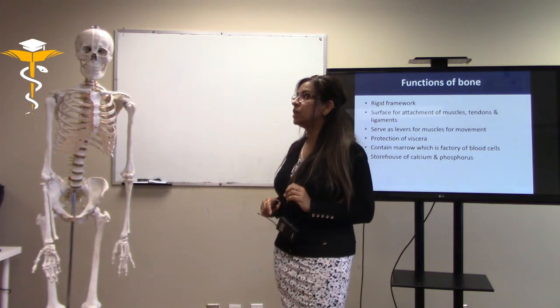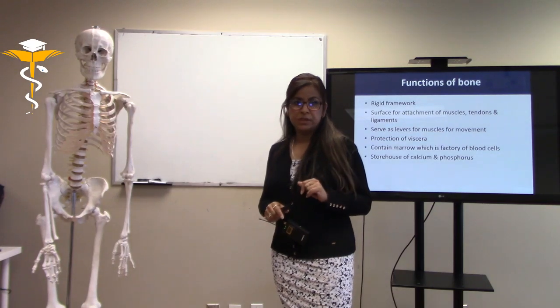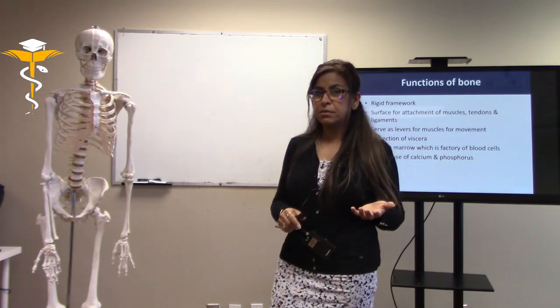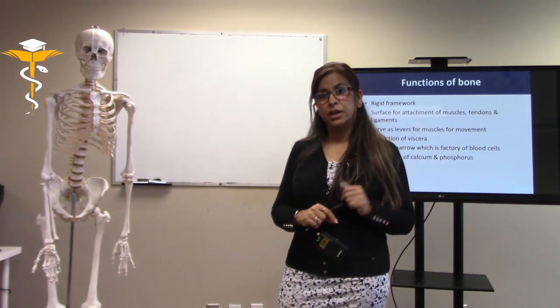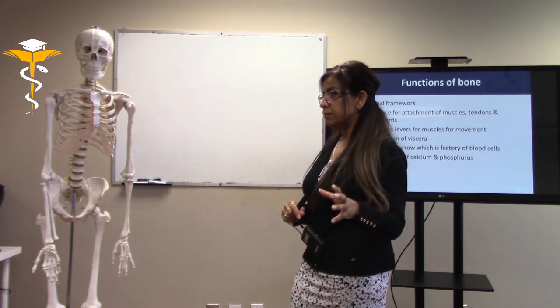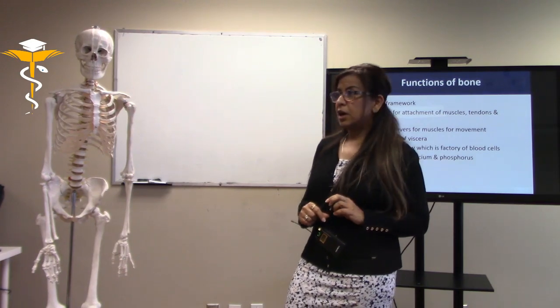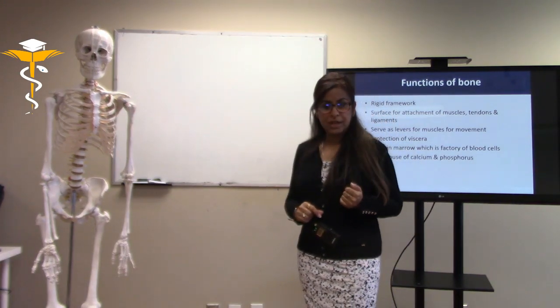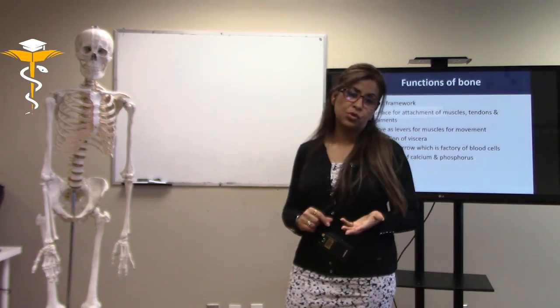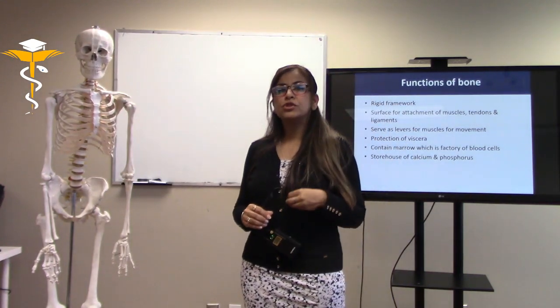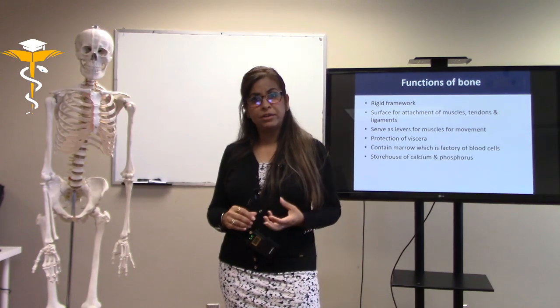Coming to the developmental classification, there are membranous bones, cartilaginous bones, and membrano-cartilaginous bones. Based on the structural classification, there is macroscopic and microscopic, so structure would be like spongy bone and compact bone.